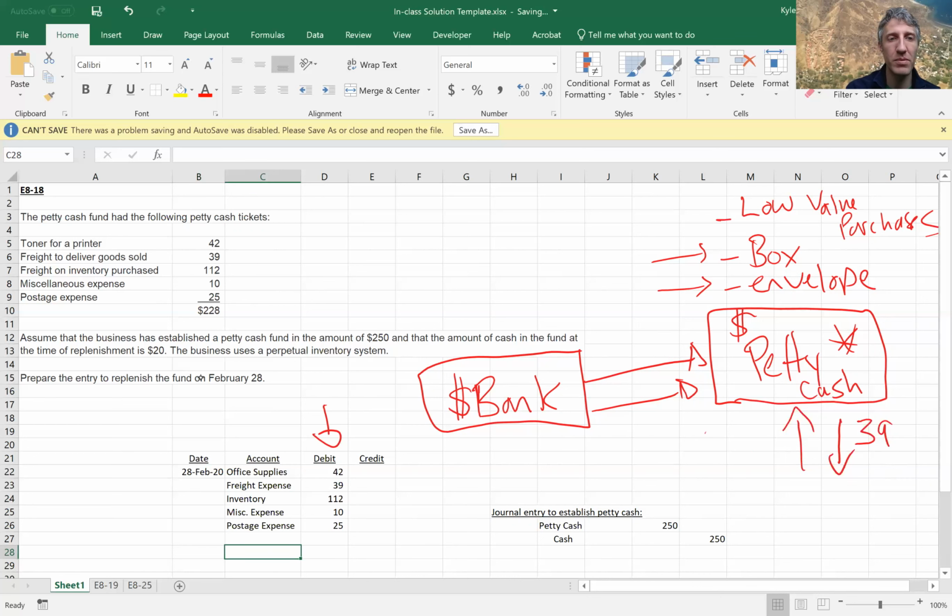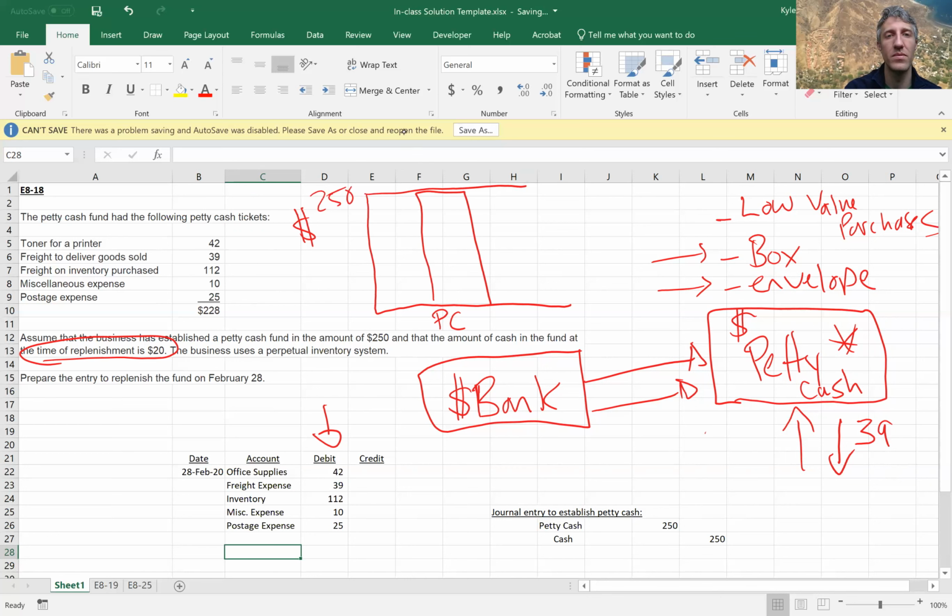At the time of replenishment, this fund had $20 in it. So if I were to look at this, I'm going to try my best to show a chart. The target balance, or when the petty cash fund was established, was $250. Now, the petty cash fund has $20 in it.